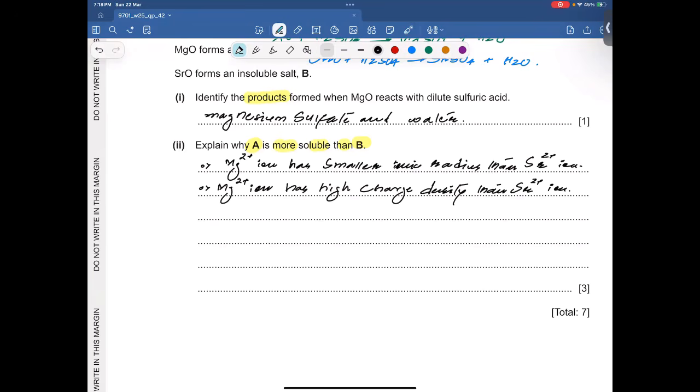If the magnesium ion has high charge density, and we know that both lattice energy and hydration enthalpy depend on charge density, the higher the charge density, the higher the lattice energy and hydration enthalpy.